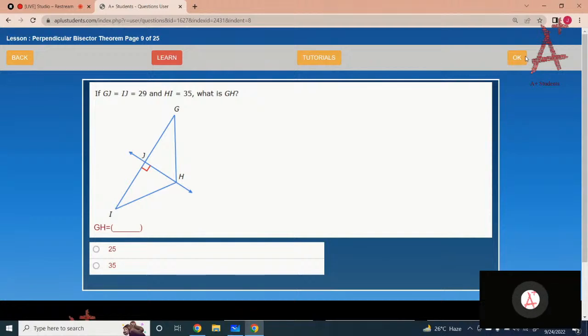Okay, the next one is, GJ and IJ equals 29, HI equals 35. What is GH? So when HI is 35, that means GH is also 35. Good.